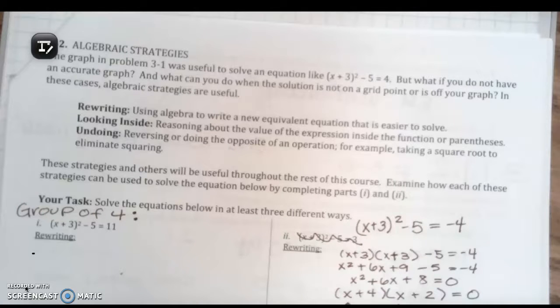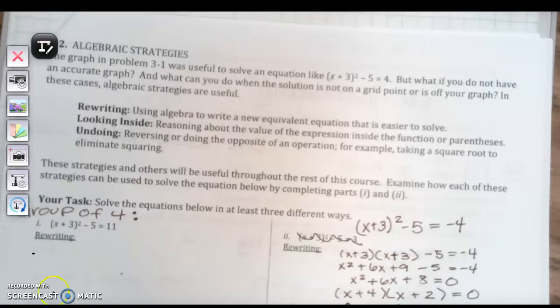It's somehow contained, okay? And undoing, reversing or doing the opposite of an operation. For example, taking a square root to eliminate squaring, okay? These strategies and others will be useful throughout the rest of this course.